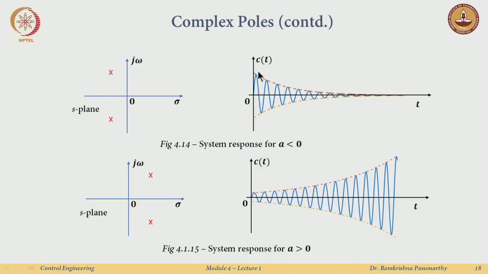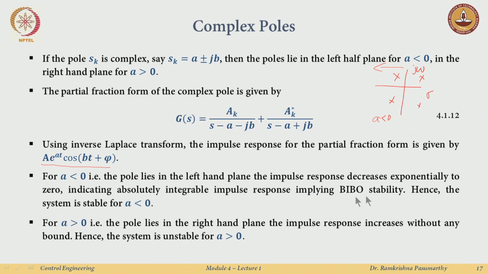So, it will be something like this. The area is finite, the response is bounded, and therefore this system is BIBO stable, and of course, it is also stable by both the definitions for a less than 0.